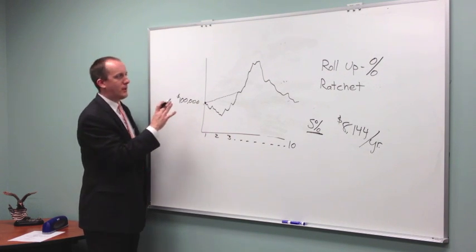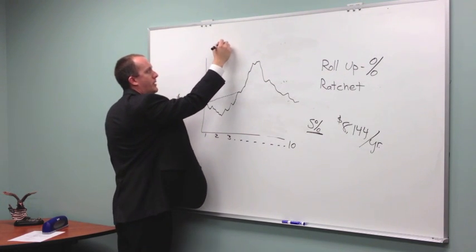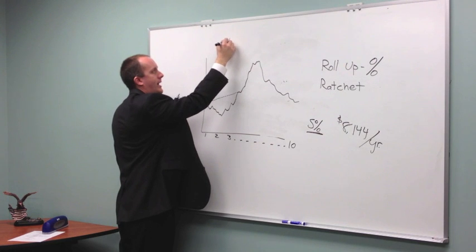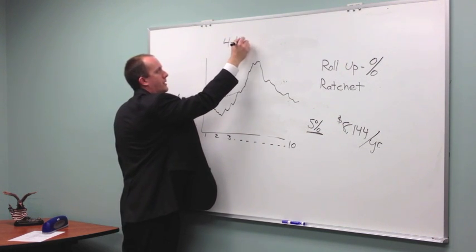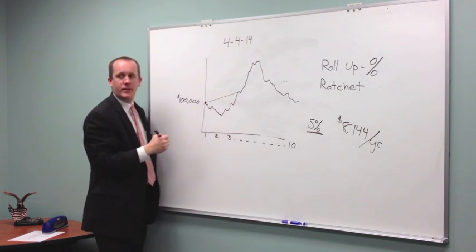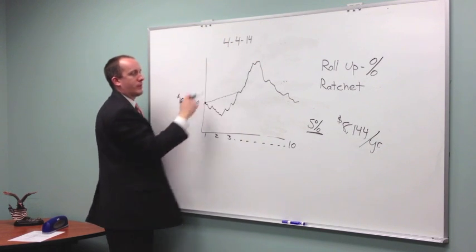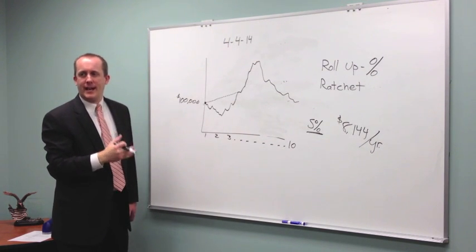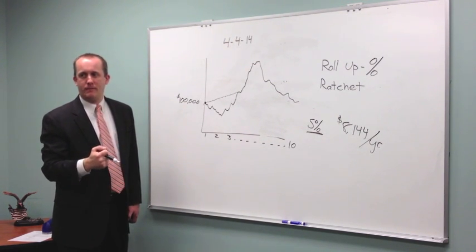So if this person opened up their account, I'm going to draw it up here. Let's say they opened their account on April 4th, 2014. Every April 4th is referred to as their contract anniversary.